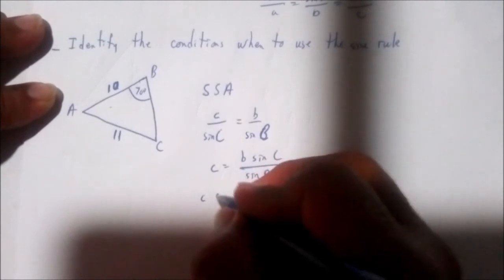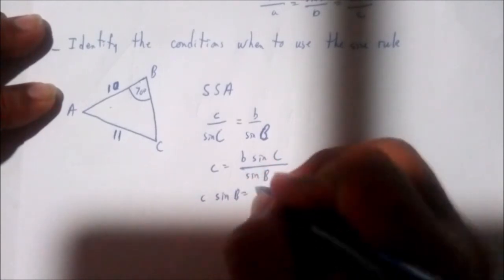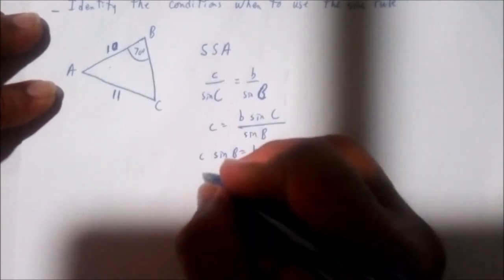Then cross multiply the sine B, we end up with c sine B equals b sine C. So now we divide both sides by b, and we end up with sine C equals c sine B over length b. And so we can solve for C now.